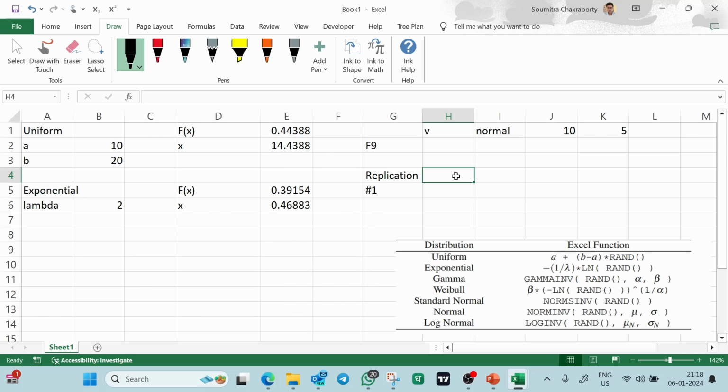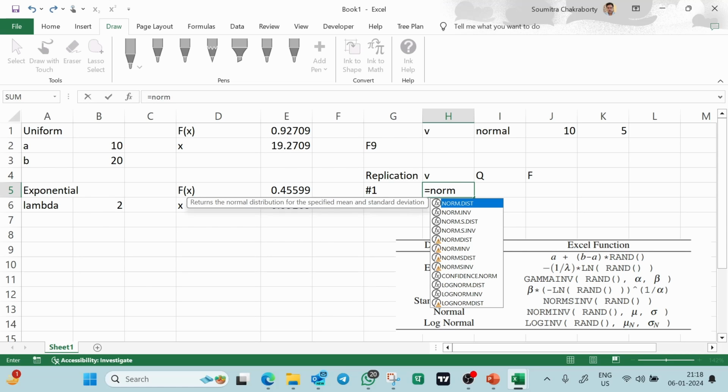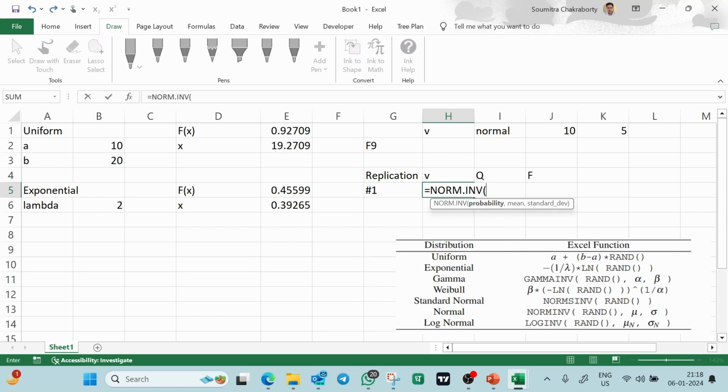So you have a variable v, you have another variable q, another is f. So when you are using replication for v, suppose v is normally distributed with mean 10 and sigma 5.